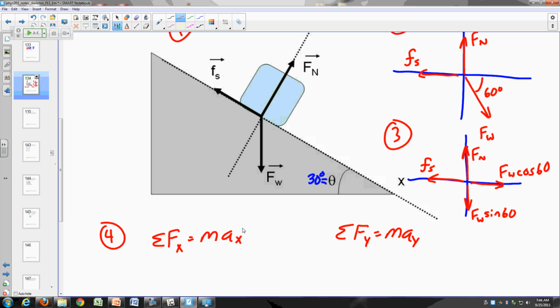You're going to go through all these steps regardless of what I'm asking for. And once you get to this point, then you'll write your system of equations, and then you'll say, okay, what am I looking for? And in this case, we're going to be looking for mu. I have a third equation here as well, which I'll just write over here to the side, and that is that Fs is greater than or equal to mu s times the normal force.